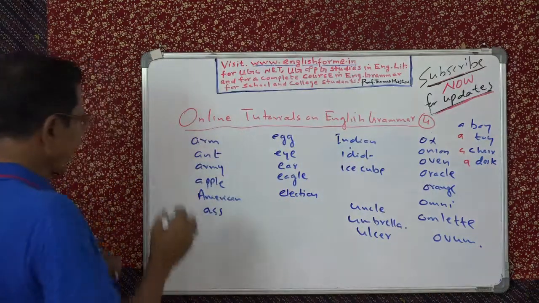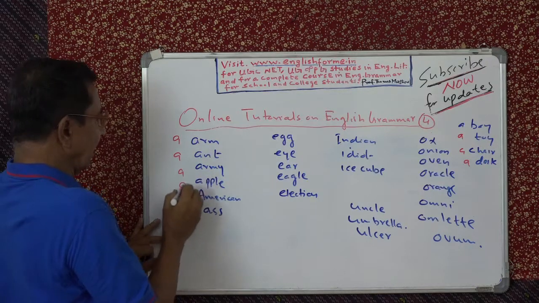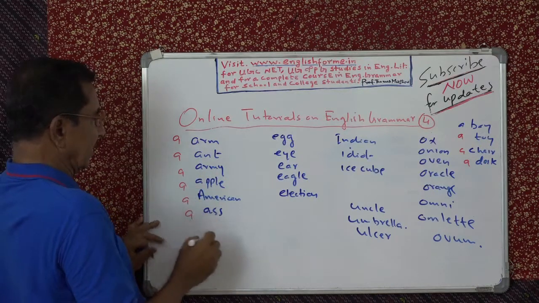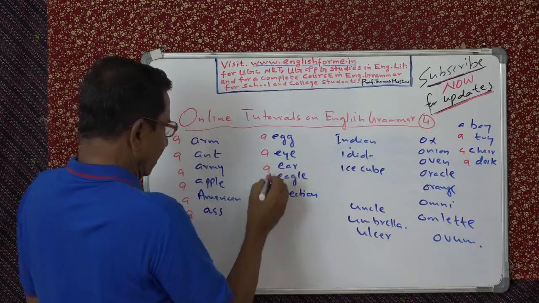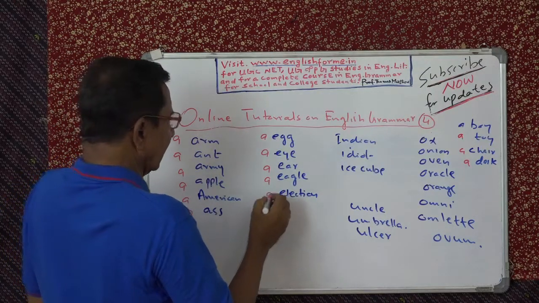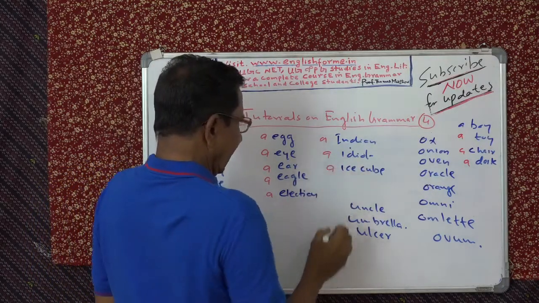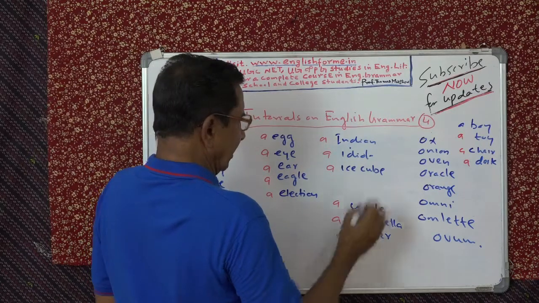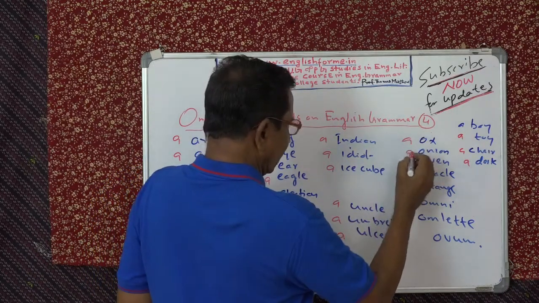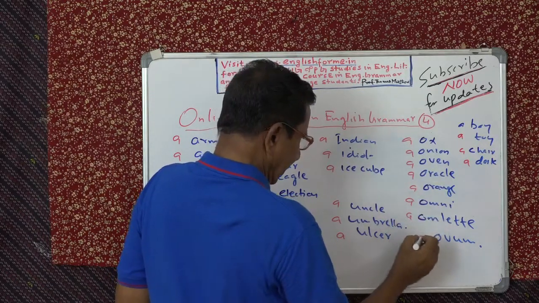But suppose you write it here: a arm, a army, a apple, a American, a ass. Then again a egg, a eye, a eagle, a election, a Indian, a idiot, a ice cube, a uncle, a umbrella. Suppose you do like this, what will happen, you know?